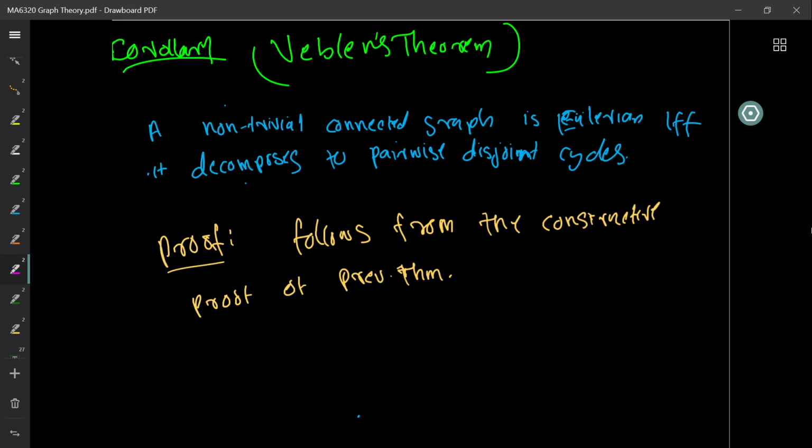Veblen is a famous topologist, I think. Veblen's theorem says that a non-trivial connected graph is Eulerian if and only if it decomposes into pairwise disjoint cycles. So this is an equivalent condition, an if and only if condition. The proof follows from the constructive proof that we gave before.